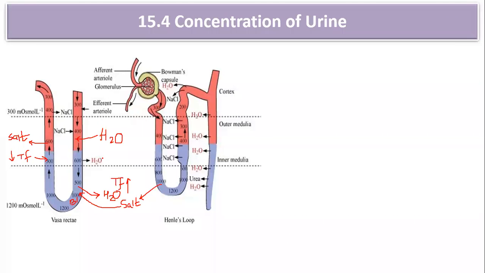So as we know, an osmotic gradient is very essential in the region of the renal medulla. This can be maintained with the help of the counter current exchange system. The vasa recta also has a descending limb and an ascending limb. So this is a descending limb, right?